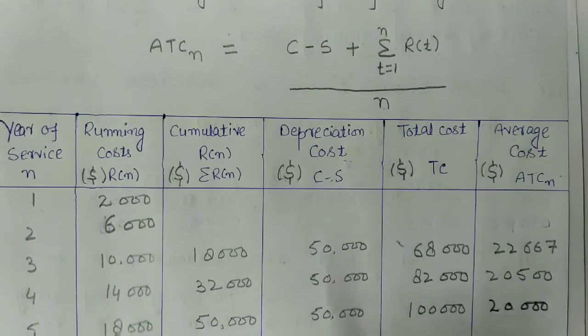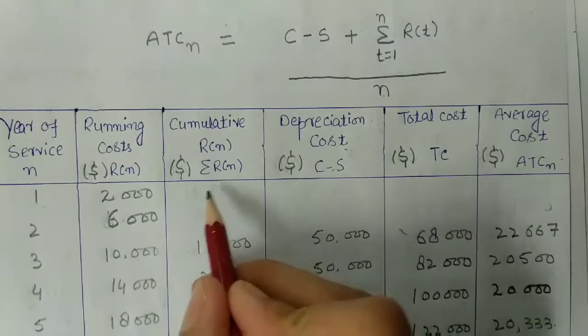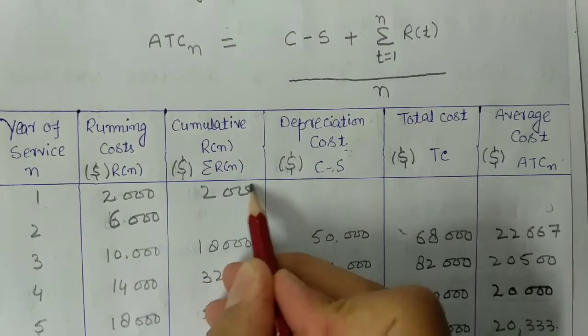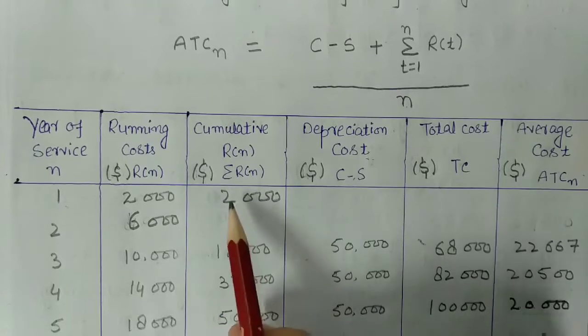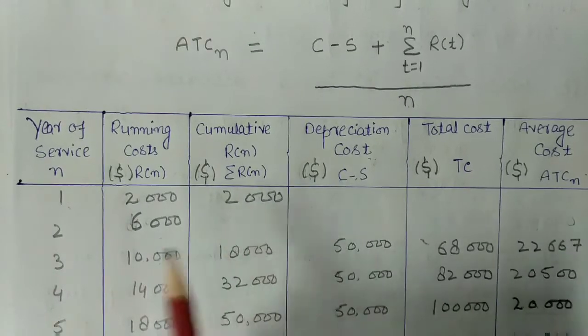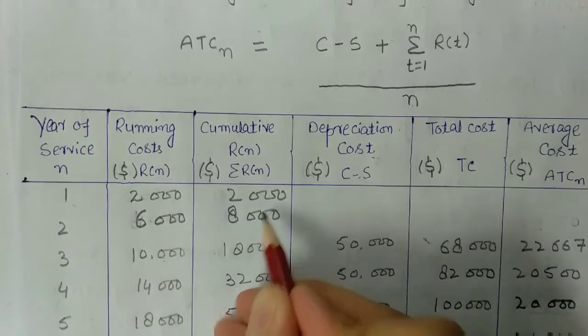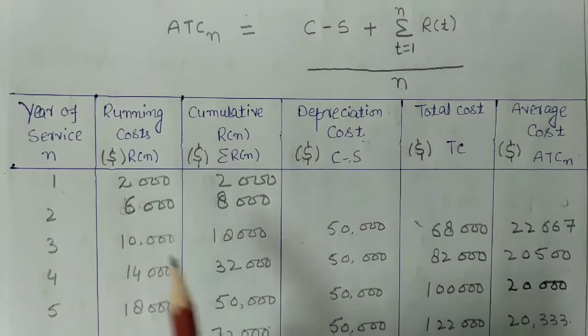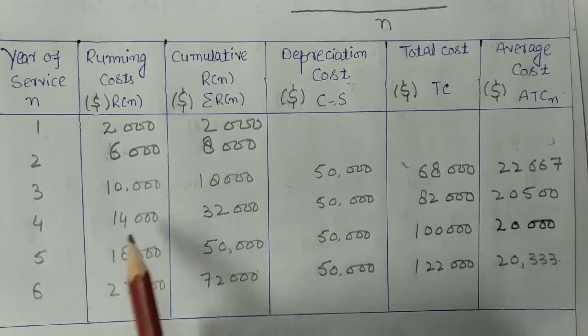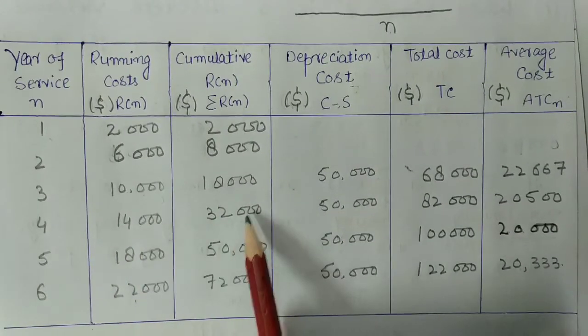The total running cost for 1 year is 2,000. Total running cost for 2 years is 2,000 plus 6,000, which is 8,000, then 8,000 plus 10,000 is 18,000, 18,000 plus 14,000 is 32,000, and so on.